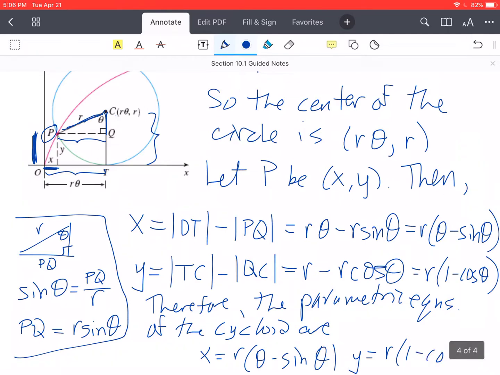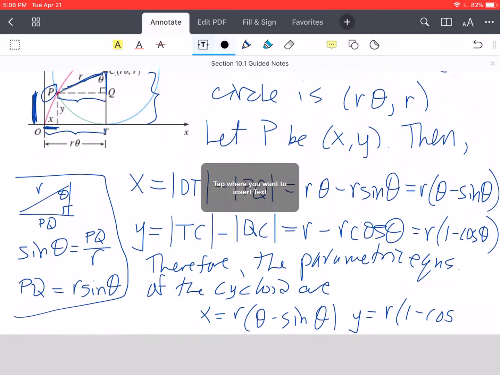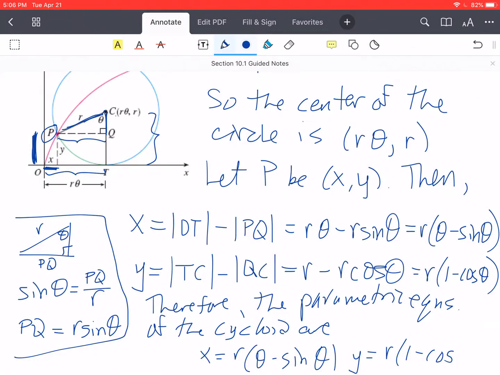Oops, I've run out of space down here. There we go. So 1 minus cosine theta in there. So those would be our parametric equations for the cycloid. So not necessarily intuitive by any means, but we were able to find them just using a little bit of trigonometry, a tiny bit of geometry, and just our understanding of lengths and angles there.